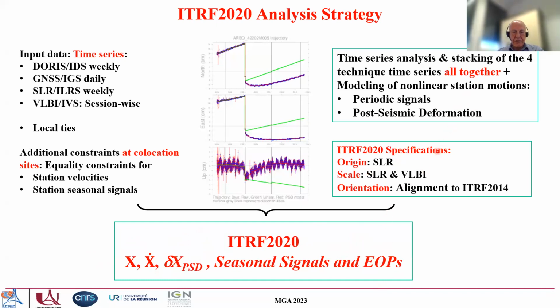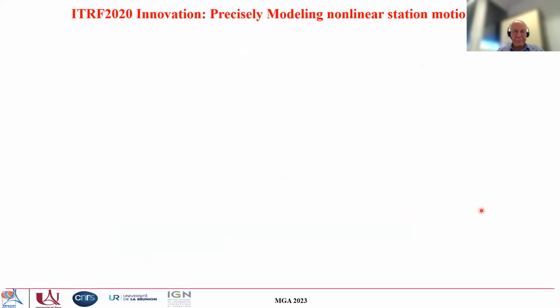In the computation of the IHRF 2020, we specify its origin, which coincides with the SLR frame origin, the center of mass. The scale is computed by the average of SLR and VLBI scales, and the orientation is by alignment to the IHRF 2014.